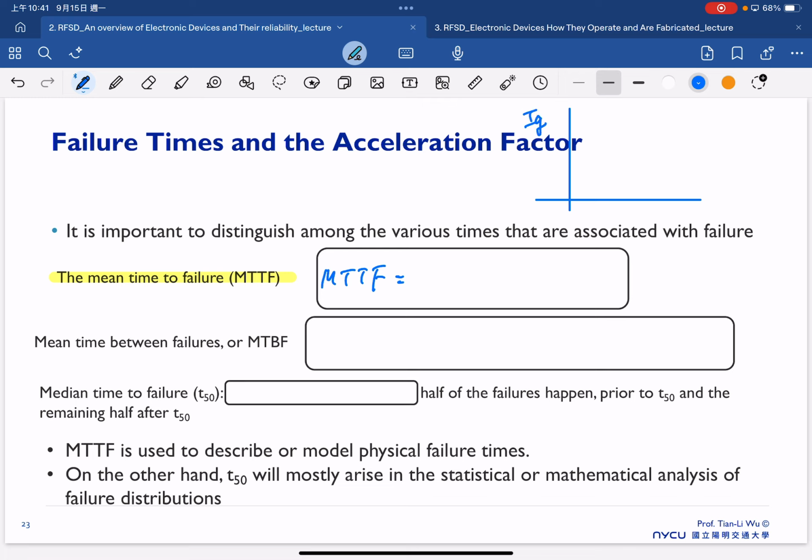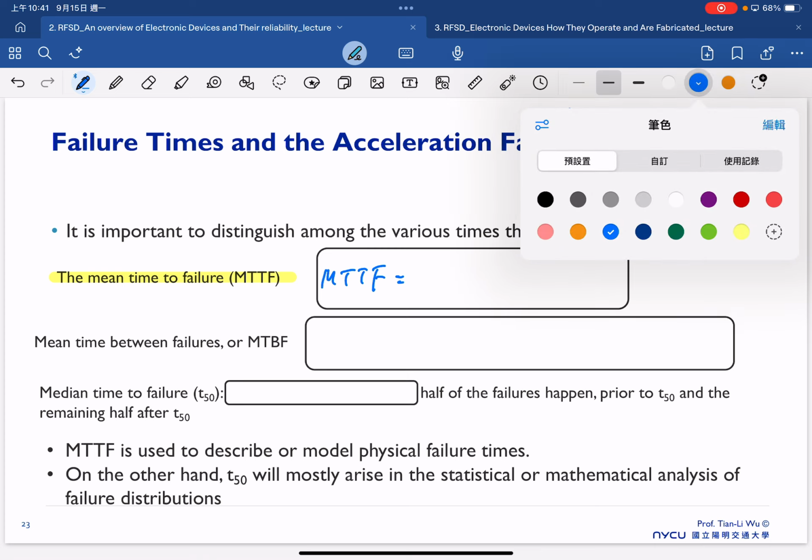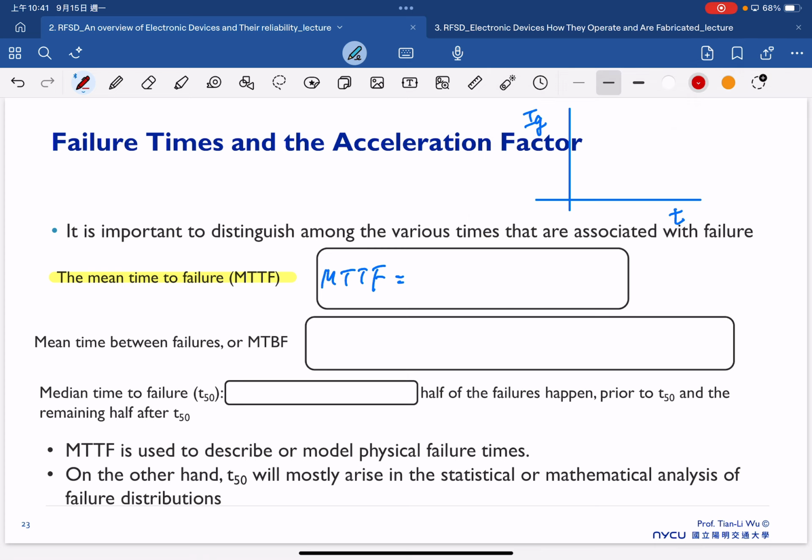We have IG versus T here, and if we bias 3 different conditions, you will see condition 1 will cause a breakdown here, condition 2 will cause a breakdown here, and condition 3 will cause a breakdown at 3 different times, which are T1, T2, and T3 here.